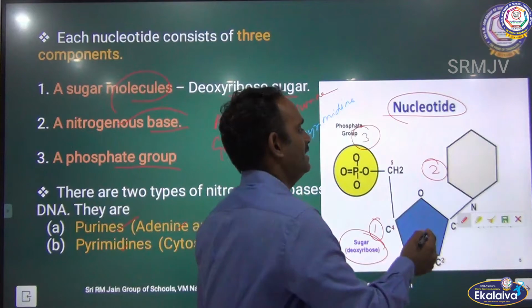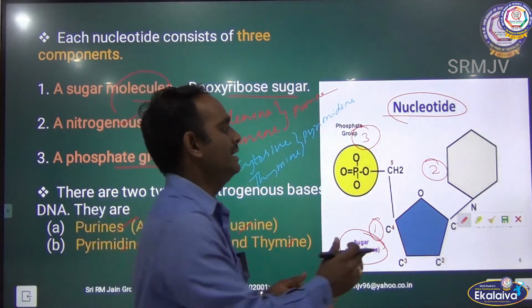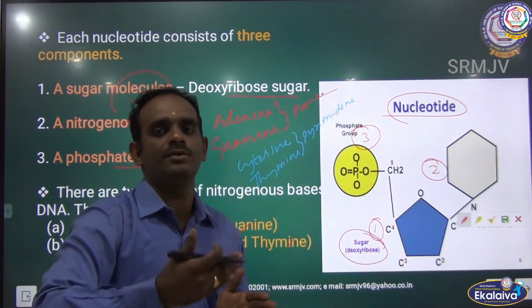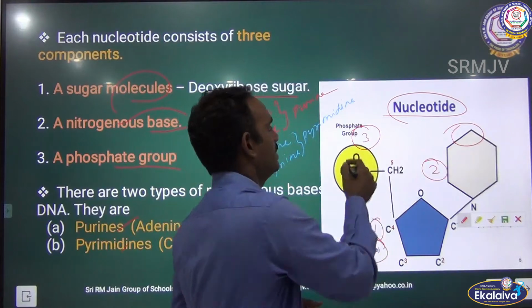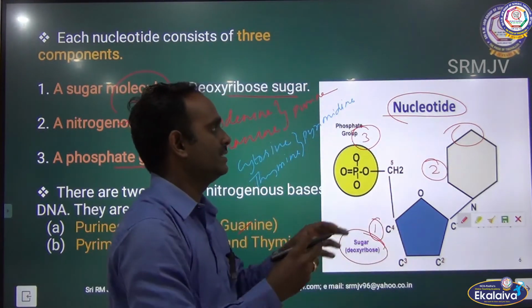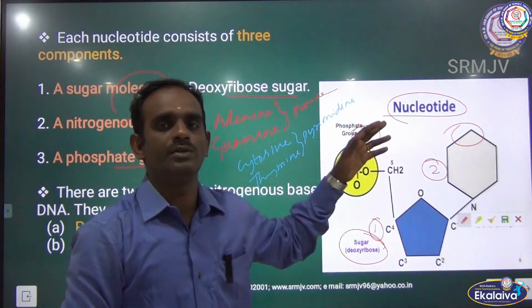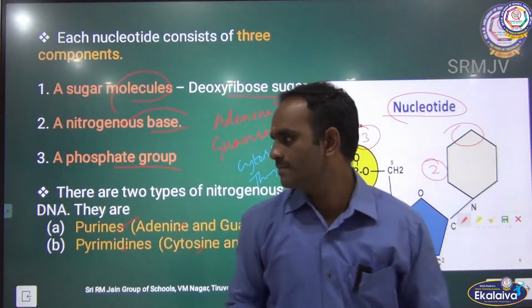The nitrogenous bases are of two groups, purine and pyrimidine. Adenine and guanine are purines, and cytosine and thymine are pyrimidines. This is the phosphate group. All these are connected with each other to form a nucleotide. A nucleotide is nothing but sugar, base and phosphate.